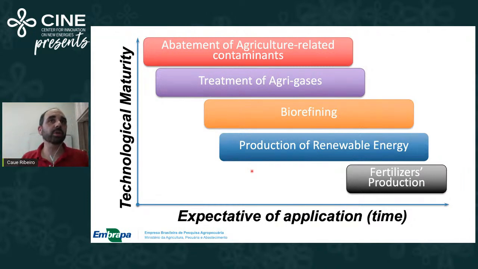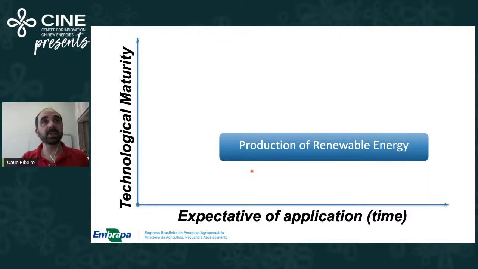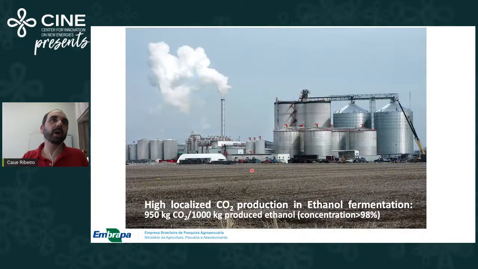But this production of renewable energy might be really interesting in terms of reutilization of CO2 streams, because we can use the same idea of hydrogen production by the oxidation of a product to reduce the CO2, and we have plenty of different sources of concentrated CO2.